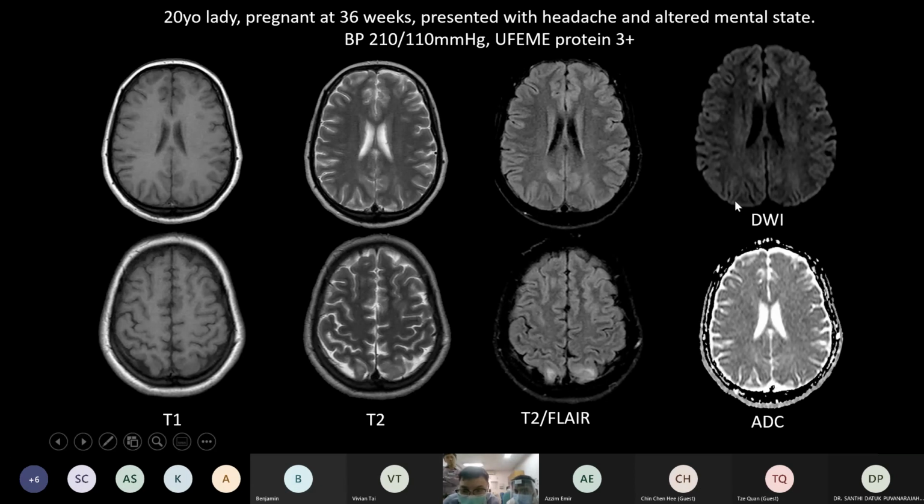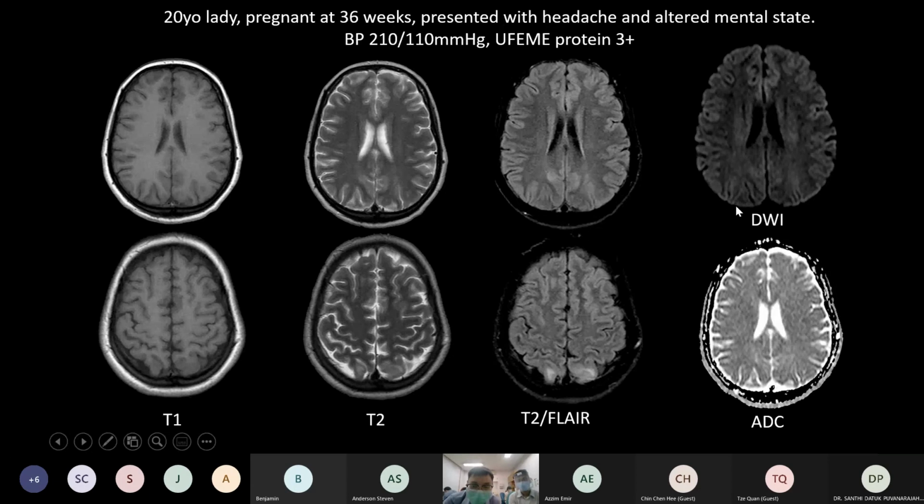DWI you cannot see anything, it's dark, meaning there's no diffusion restriction. And ADC, true enough, is bright, which confirms that the DWI is actually dark. So in conclusion, this patient is having a classical PRES because there is a posterior hyperintensity in T2 and hypointensity in T1, and there is no diffusion restriction.